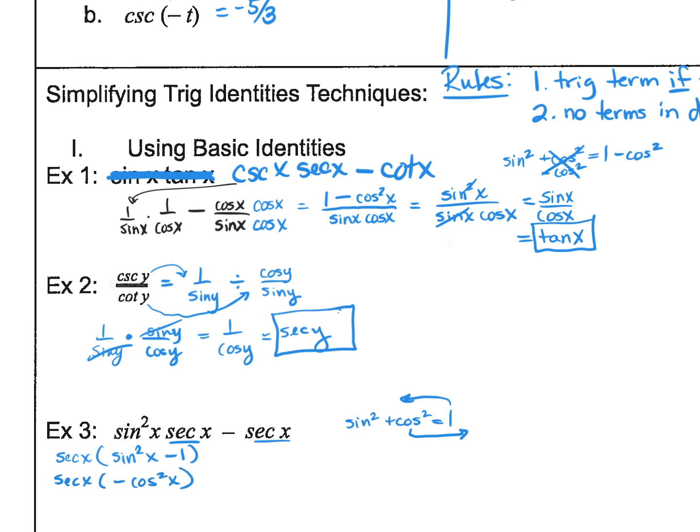Now I have to figure out what to do with that secant, because I still have two terms here. It's 1 over cosine. So this is 1 over cosine times negative cosine squared. So now what?